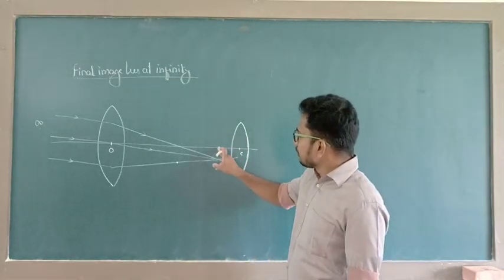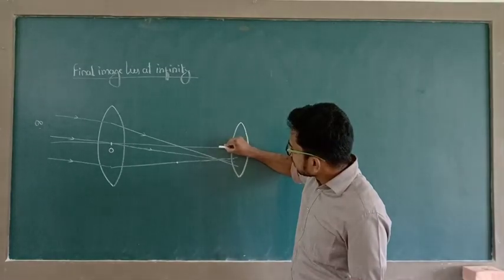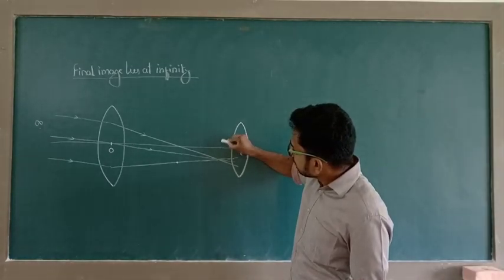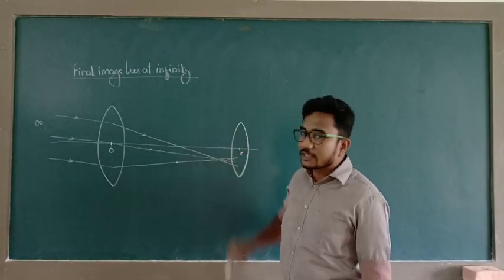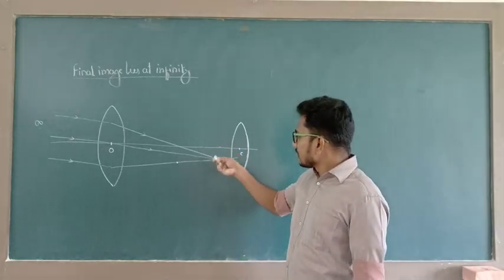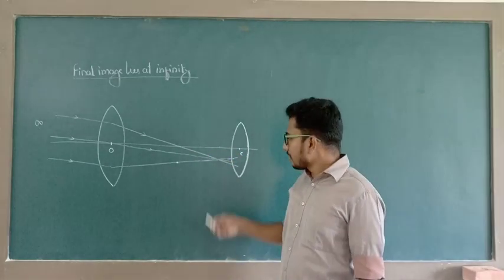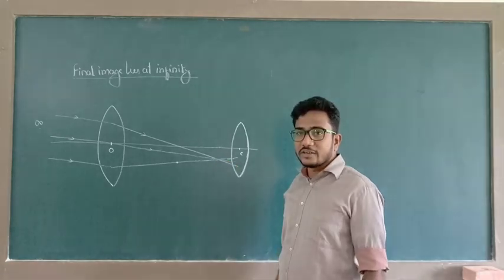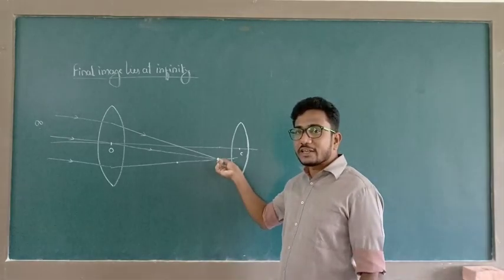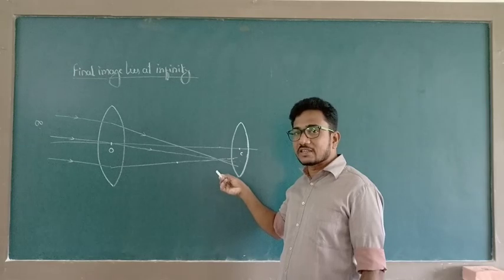So here the principal focus means this point. This point represents the principal focus of the objective. But these refracted light rays are intersecting at this point. Therefore, this intersecting point represents the position of the image.